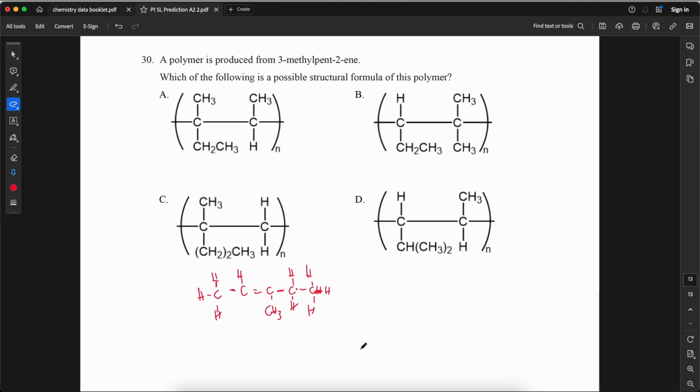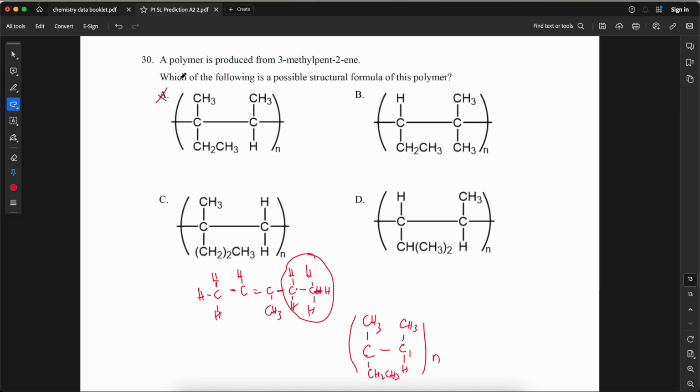So we can do CH3, CH2, CH3, and then CH and CH3. So for CH2, CH3, it comes from here, and then this C, and then this CH3. So this is the double bond, CH, this one, and then CH3. So that would be A.